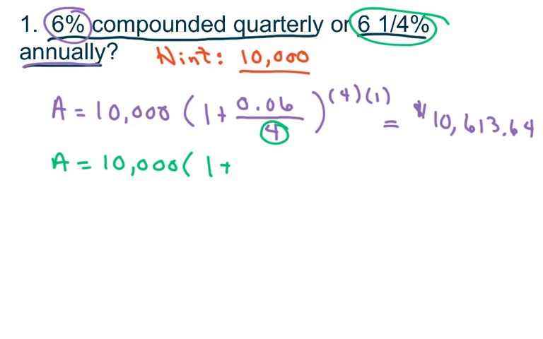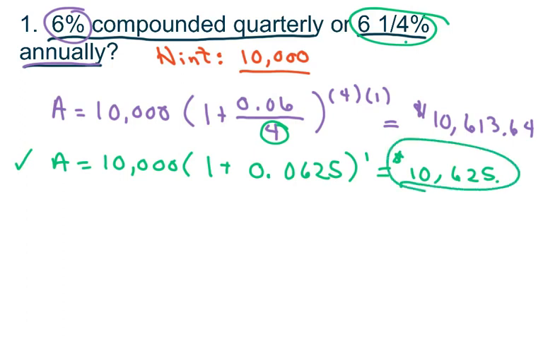So it's just 0.0625 to the first power, and this gives you 10,625. So the second one is higher, so this one yields the higher amount.